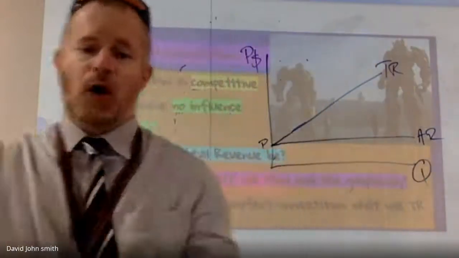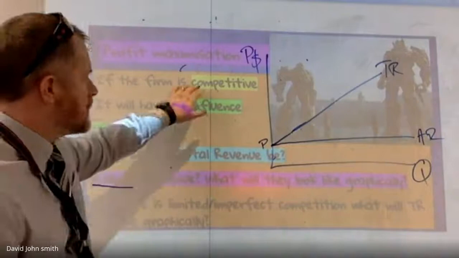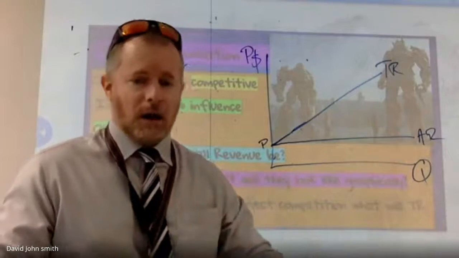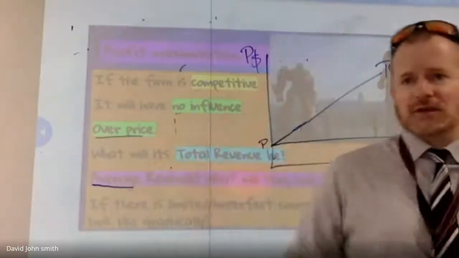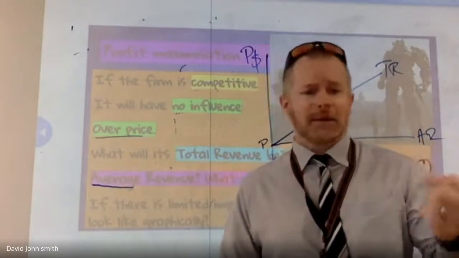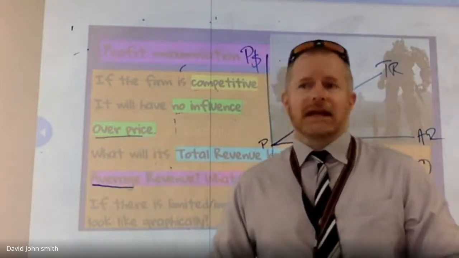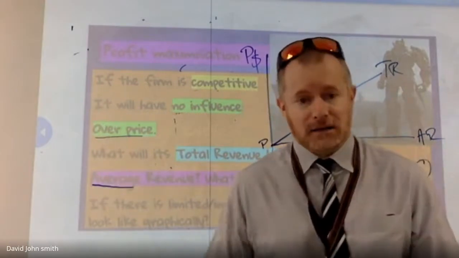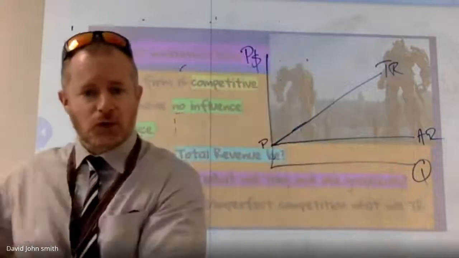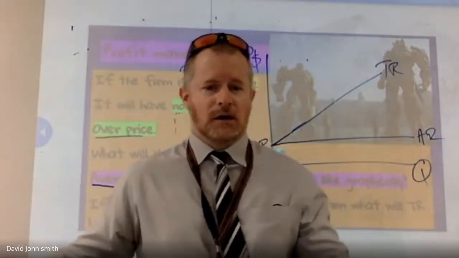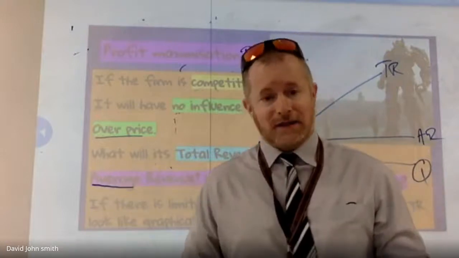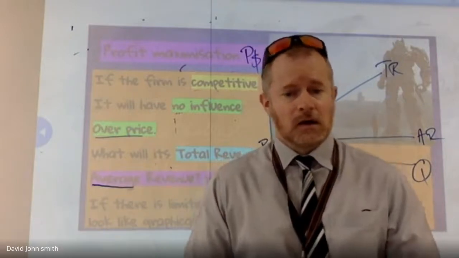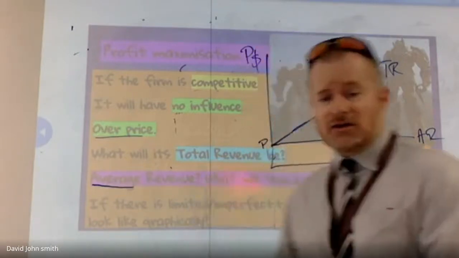Again, this is the model that we're using, and the model we've said was perfectly competitive. I'm not saying every business will have this, by no means. But consider some businesses. If you were in a market stall selling fresh fruit, like an apple market, and there's stall upon stall upon stall, all selling apples, you've got no control over the price at that point, because whatever the price of apples is, according to the market, you're all selling the same product.